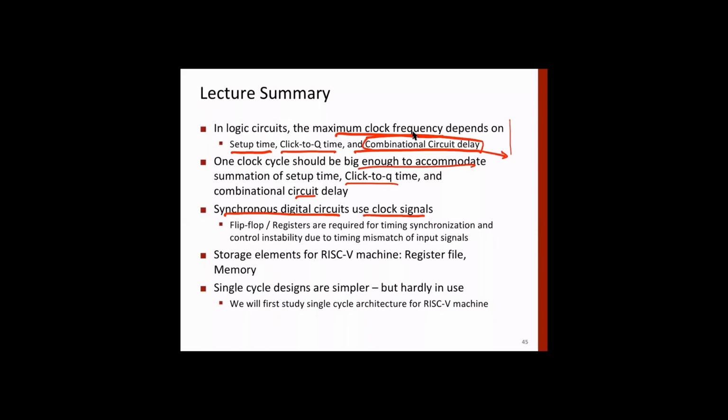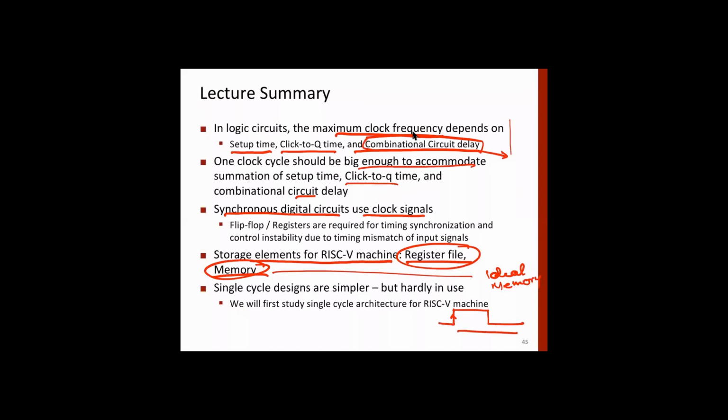So storage elements required for RISC-V machines are the register file and memory, and we have seen the design of both. What we consider is ideal memory. In ideal memory, there are certain things that we have noticed. First is that writing is only at the leading edge, while reading can be done at any other time within the clock cycle.